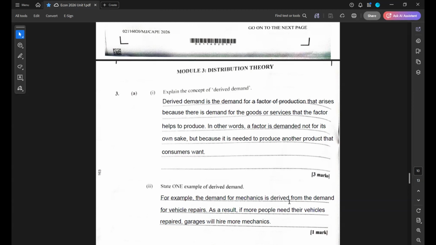If people want their vehicles repaired because they break down regularly, the business owners who own garages that employ people will decide to hire more employees or mechanics to work on these vehicles.